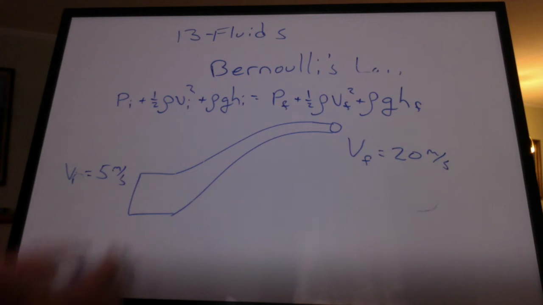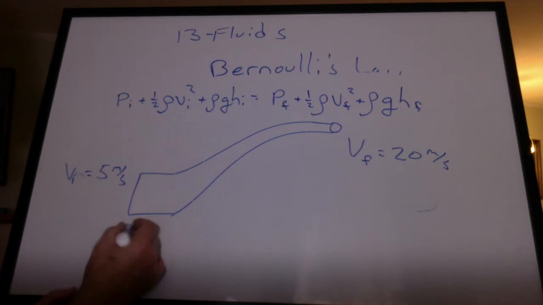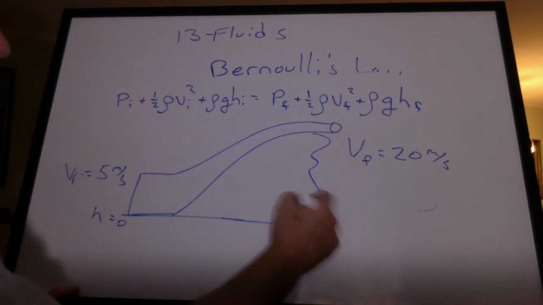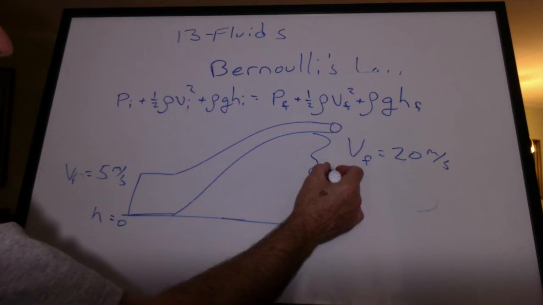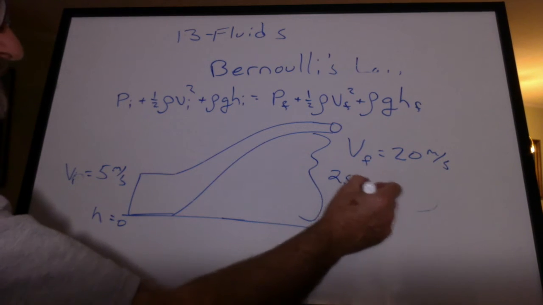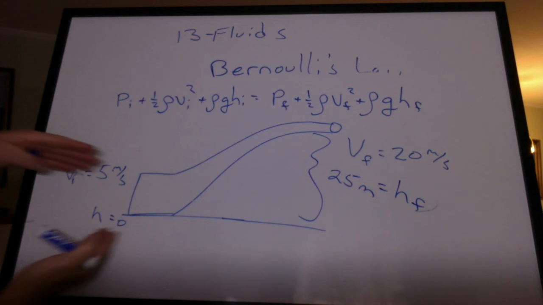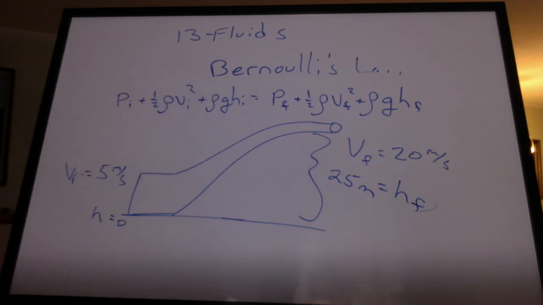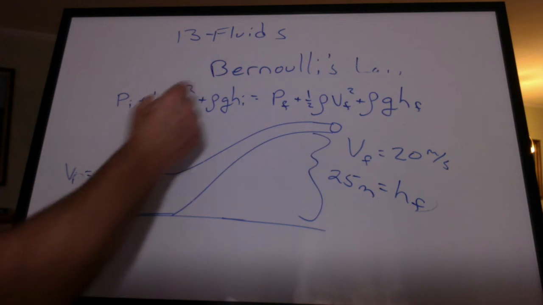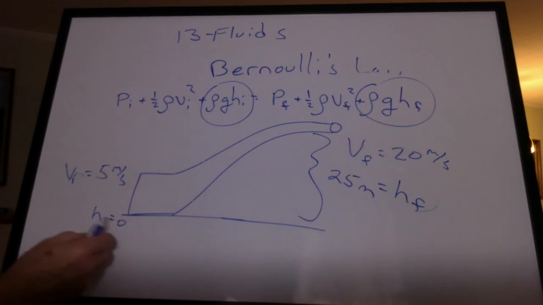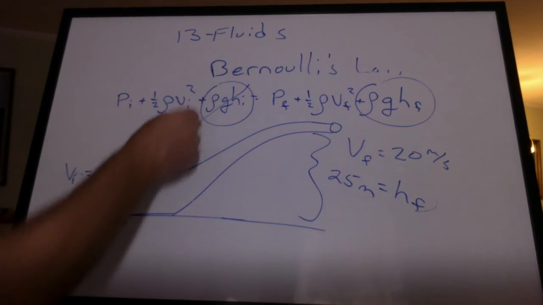All right, now let's work with the rest of the equation. Let's just say this height is going to be 0. And we're going to raise this thing up, say maybe 25 meters. The water that's coming through here is gaining potential energy. And that's going to be determined with this part of the equation. The initial height is going to be 0, so that's going away.